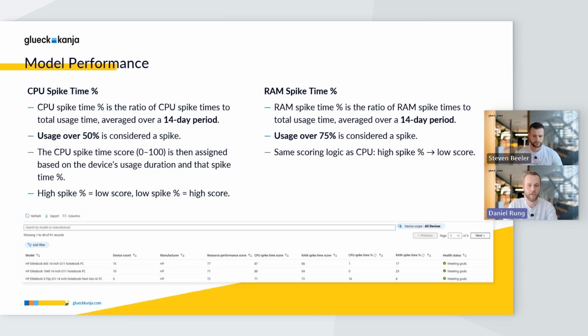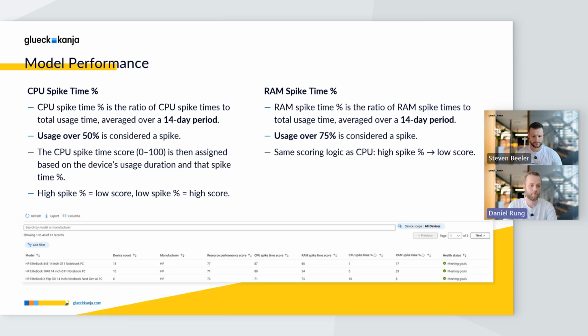A spike is considered for CPU if the duration of CPU is always over 50%, and for RAM it's if the usage is over 75%. And the score is calculated about the percentage and duration time of a device. And a low score means there could be a health issue, and a high score is this device is absolutely perfect, or the model works absolutely perfect in your fleet.